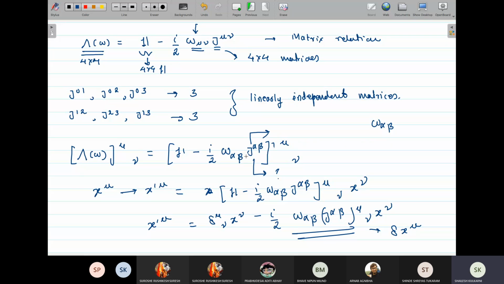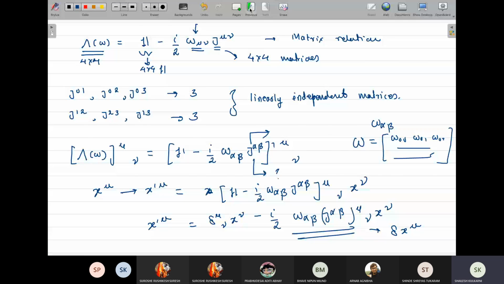This will be omega 01. So this will be just a number. J01 is not a number. If you want, you can form an omega matrix which is written by this omega 00, omega 01, omega 02, etc. You can do that, but that omega is not appearing here. What is appearing is omega alpha beta. That omega alpha beta for given alpha beta is just a number.